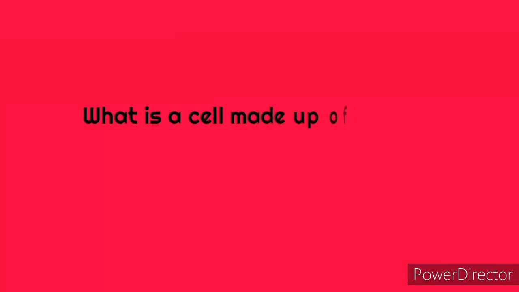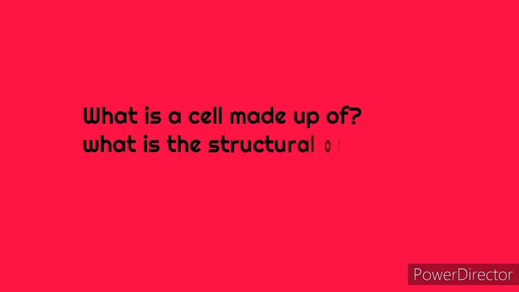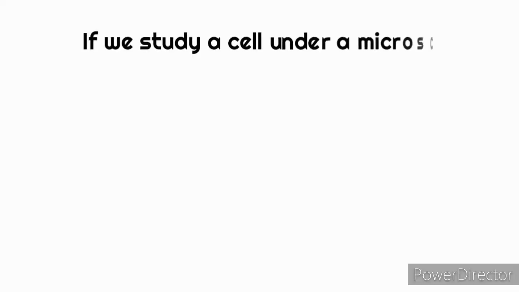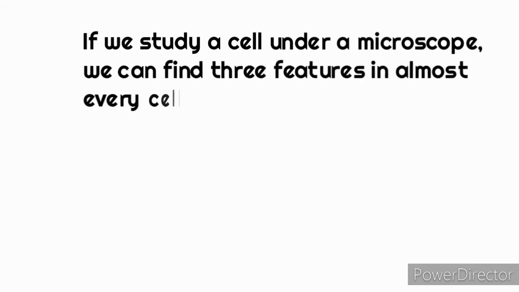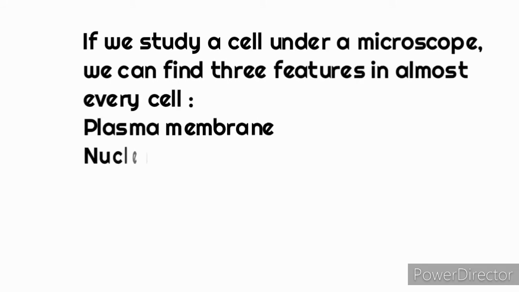Now the question comes, what is a cell made up of then? What is the structural organization of a cell? If we study a cell under a microscope, we can find three features in almost every cell. These are the plasma membrane, nucleus, and the cytoplasm.